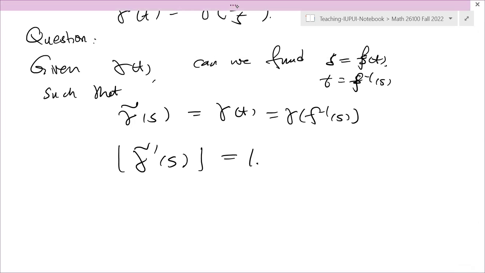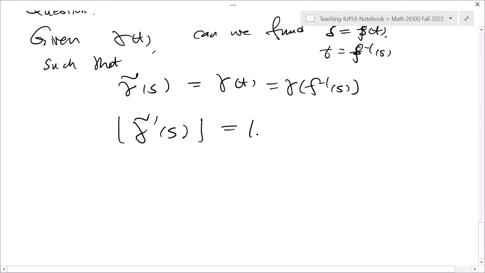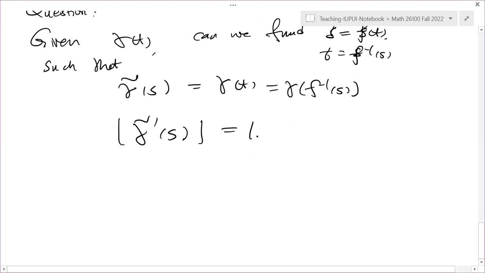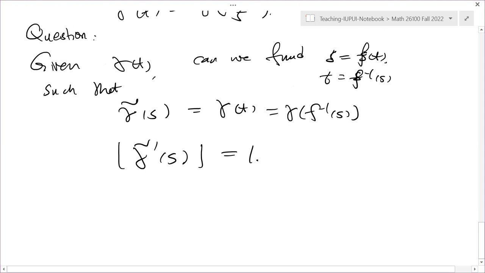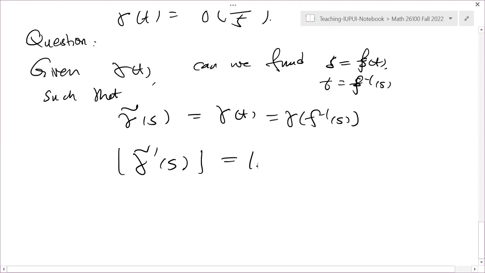Let's find the relationship between s and t, these two parameters. I want to reparameterize, so I try to find f of t. I cannot just replace t by s directly. t is going to be a function of s, so I replace that.